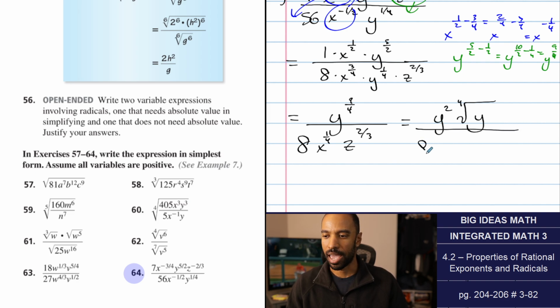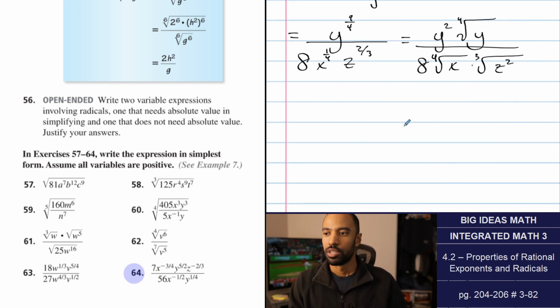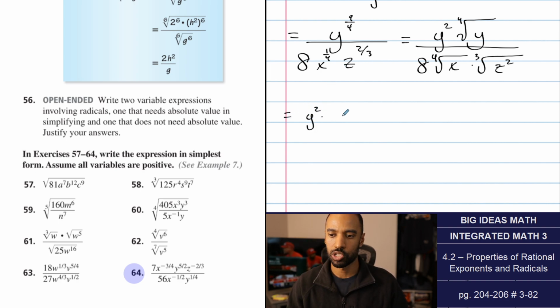On the bottom, I have 8 times the fourth root of x, that's no good for us, and times the cube root of z squared, that's also no good for us. So we got something simplified and worked out, but we're not fully done here. I still have the top as is, that's y squared times the fourth root of y.